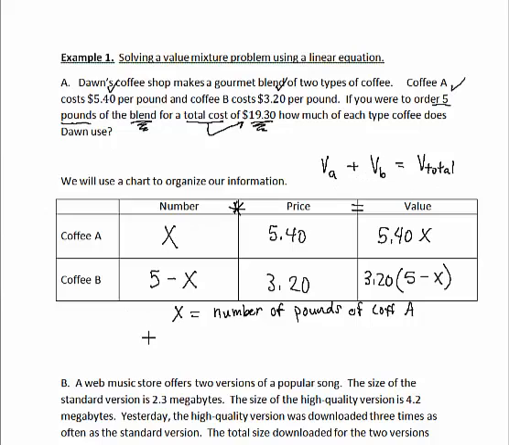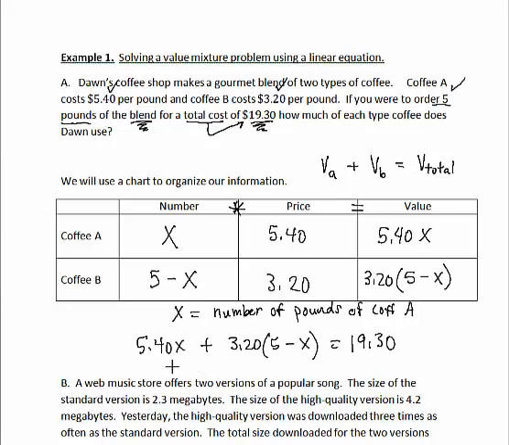So what is the value of coffee A? It's 540x. We add that to the other expression. Value of coffee B, 320 times 5 minus x. These two values added together give us $19.30.